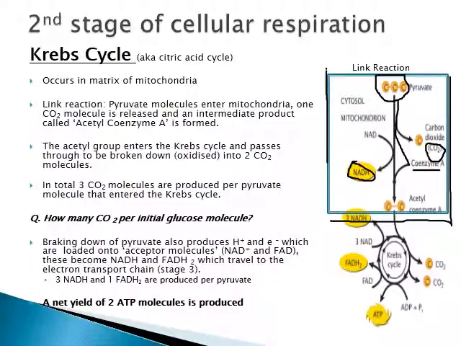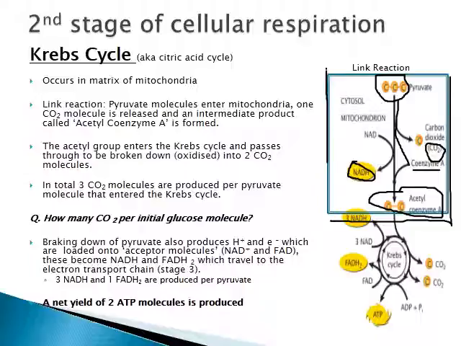What we're left with is a molecule called acetyl coenzyme A, acetyl-CoA, which is essentially the coenzyme which now has the 2 carbons attached to it because one was already lost.